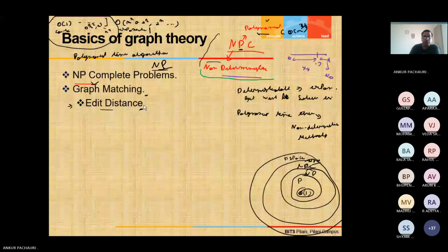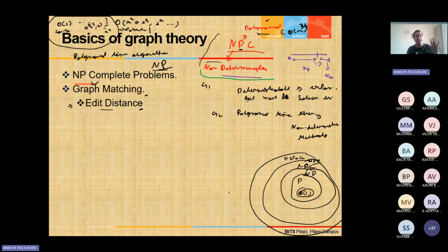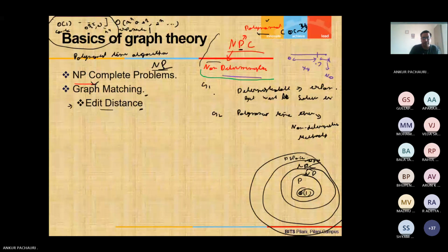We are given a graph G1 and a graph G2. They may be the same, they may be different, and most of the time, as of now, we consider them different. But we are allowed to make changes in G1 such that after certain changes, G1 is converted into G2.